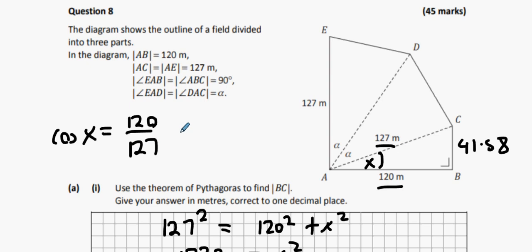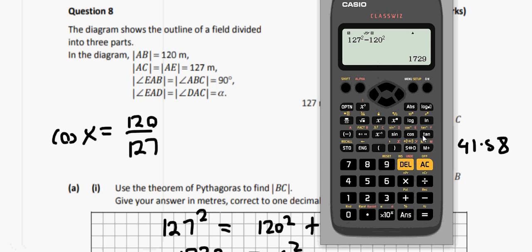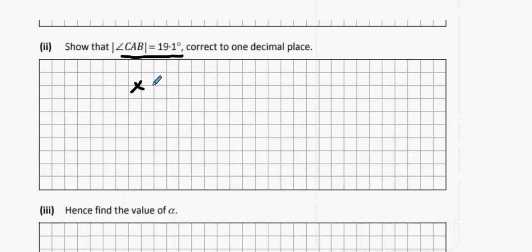Sam, Cassie, how do you separate cos from x? Cos inverse 120 over 127, and you get an angle of 19.1. So x equals cos inverse 120 over 127 equals 19.1.